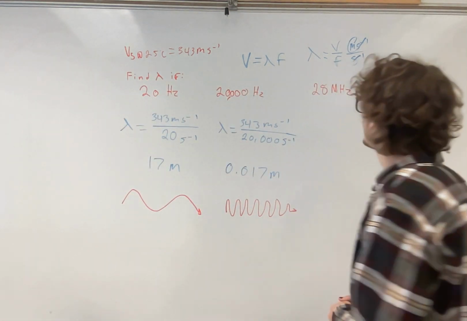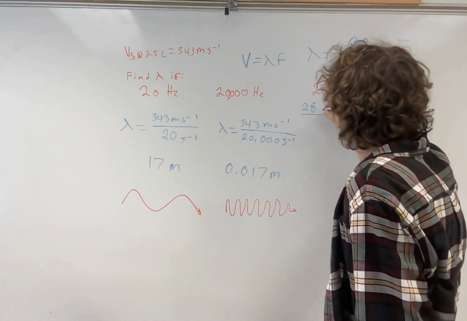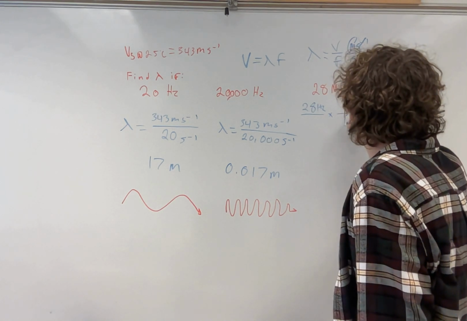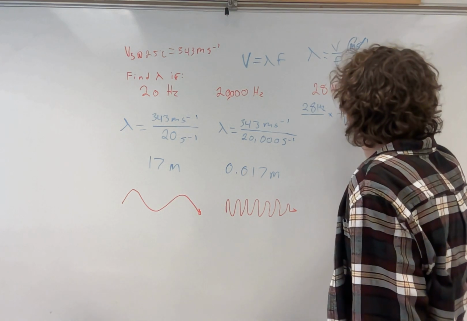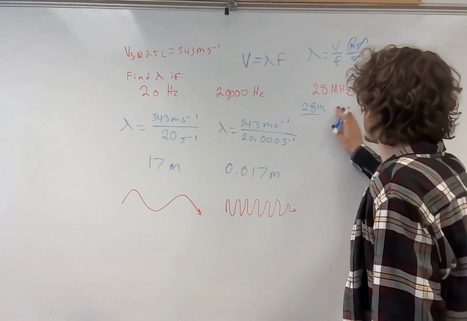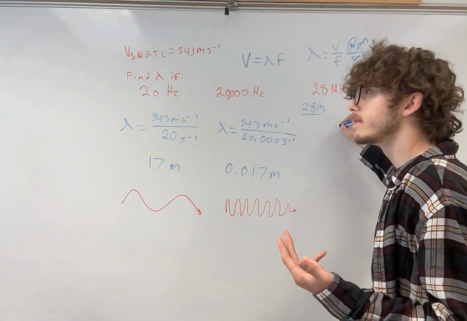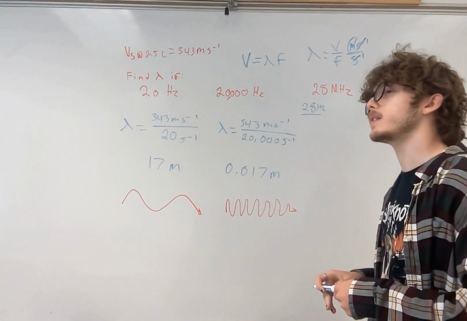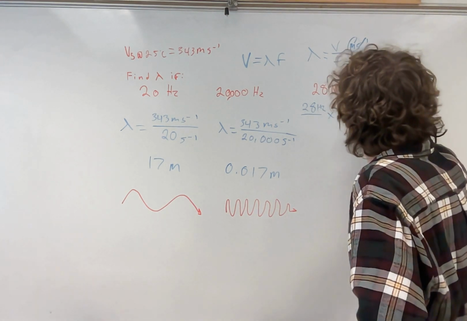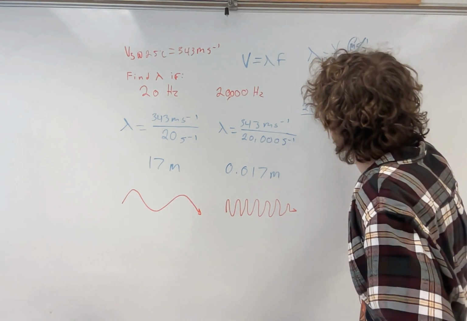Okay, and then finally we have 28 megahertz. What is that in hertz? Well, it's 28 for every one hertz, or sorry, this is not correct. Dimensional analysis. Why am I complicating this? Oh, I see where I went wrong. 28 megahertz.